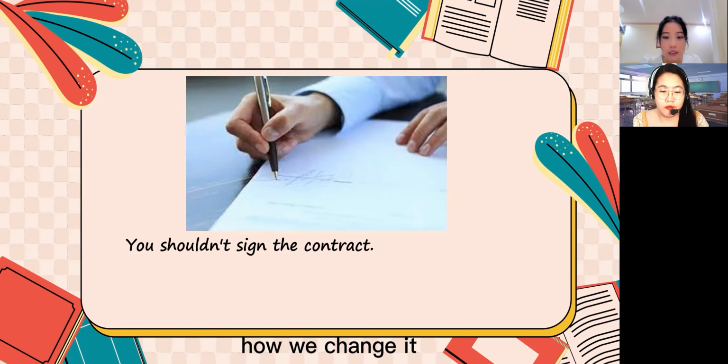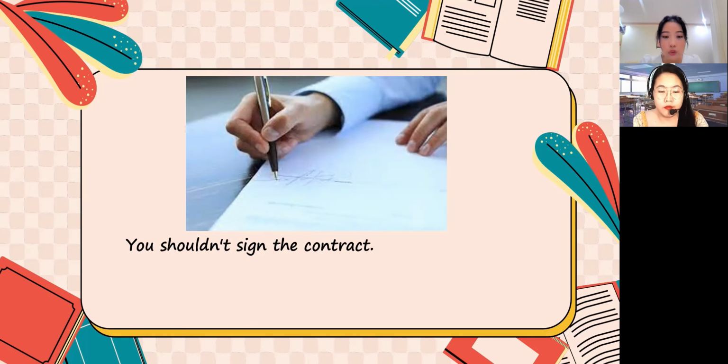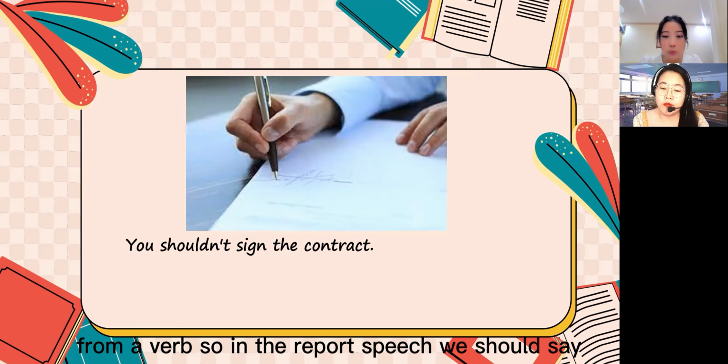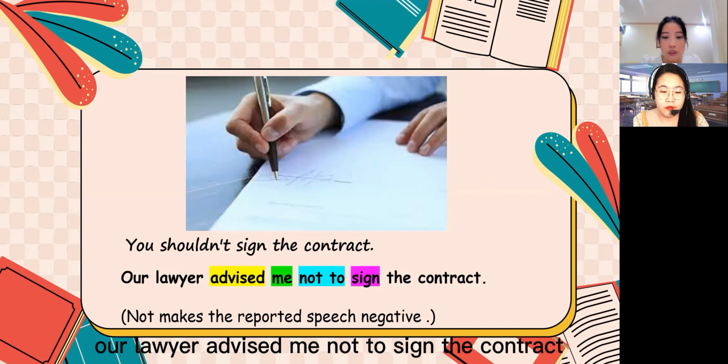How do we change it? The verb we use here is advise. Lawyer is the indirect object, and sign is the original form of the verb. So in reported speech, we should say, our lawyer advised me not to sign the contract.